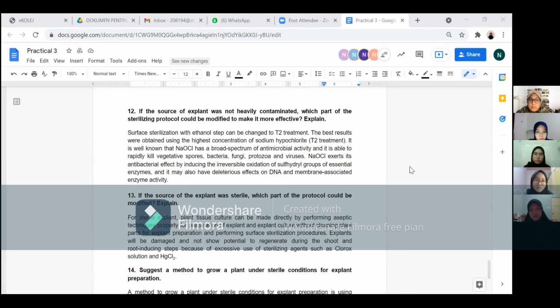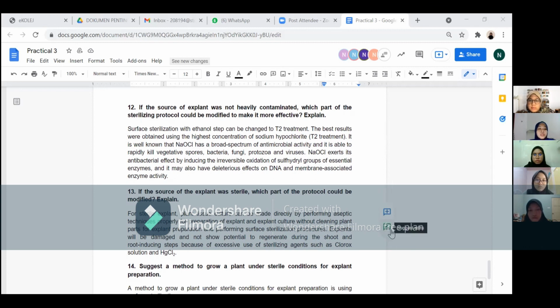Sodium hypochlorite exerts its antibacterial effect by inducing the irreversible oxidation of sulfhydryl groups of essential enzymes, and it may have a deleterious effect on DNA and membrane-associated enzyme activity.